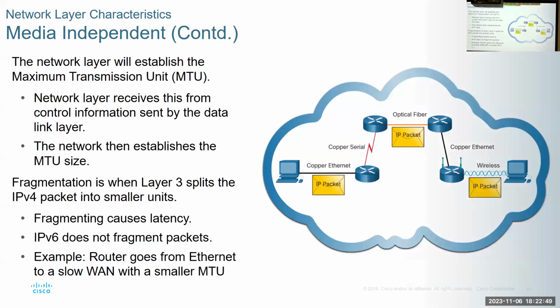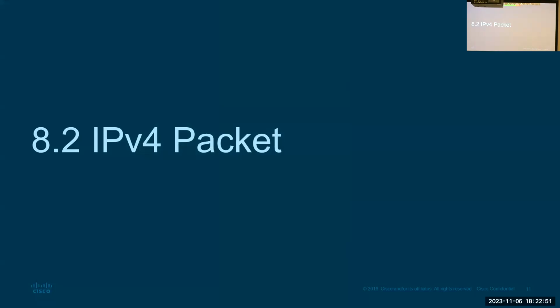Okay, so if your MTU is smaller than that, which in the days of internet connections via modem, your MTU of modem connections was somewhere on the order of 400 and something bytes.